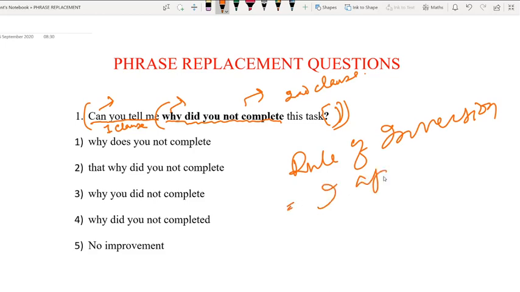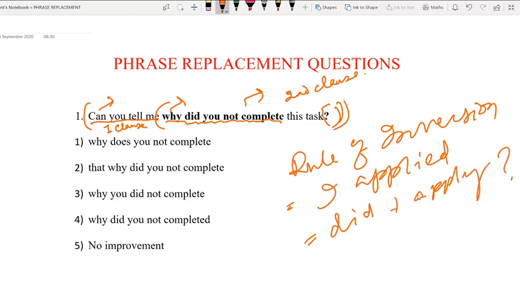Rule of inversion of I applied is did I apply? Did I apply? Clear?